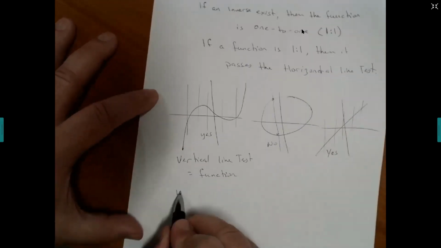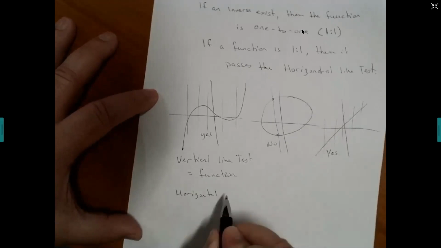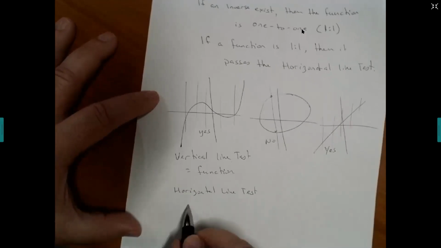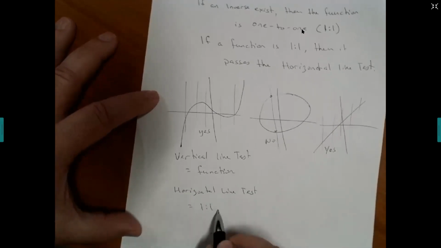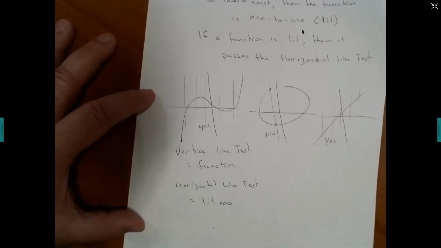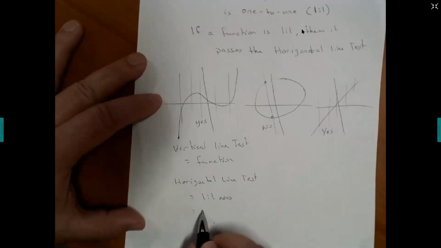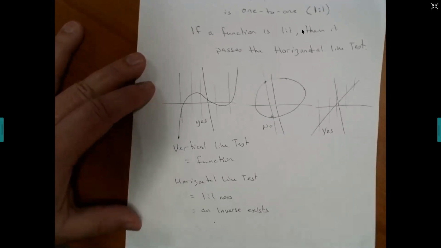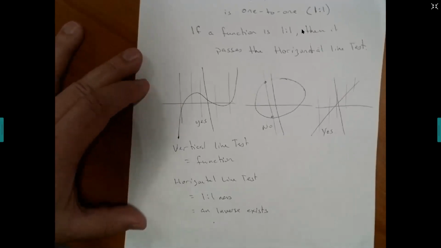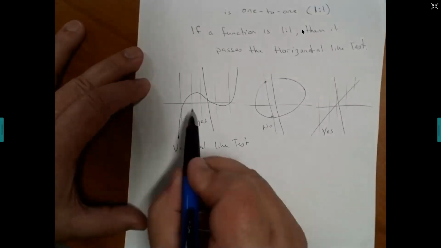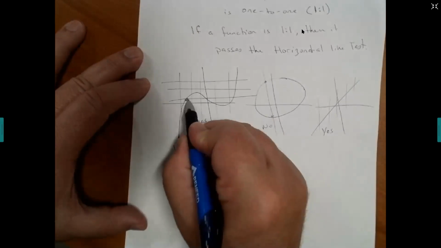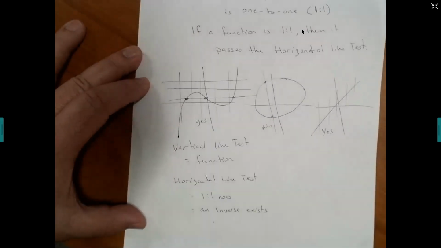The horizontal line test tests for one-to-oneness. One-to-oneness means an inverse exists. So in the first one, does it pass the horizontal line test? That'd be a no because it crosses at 3 times.